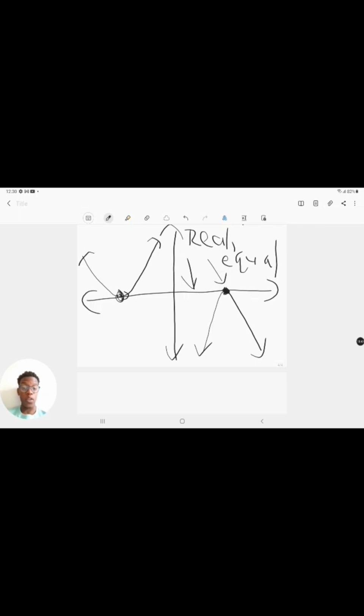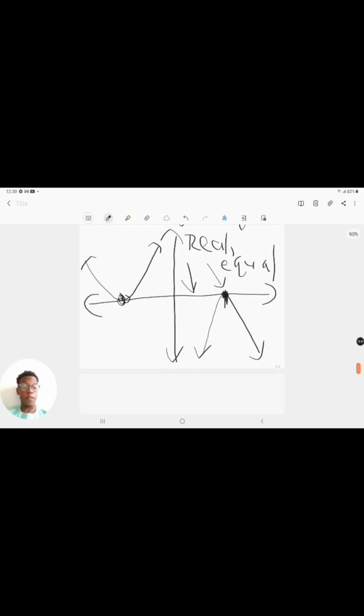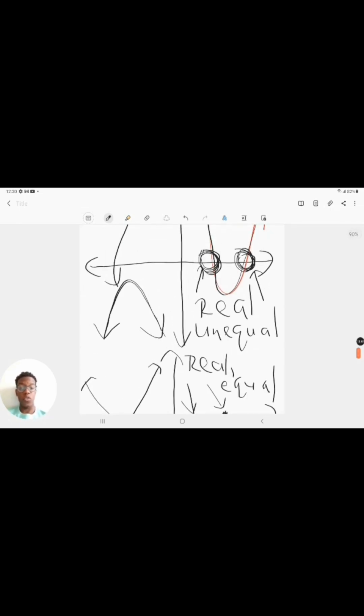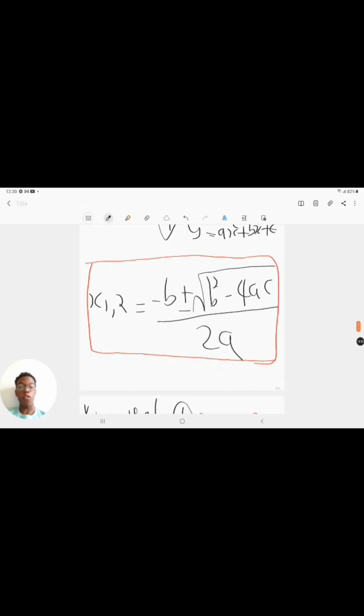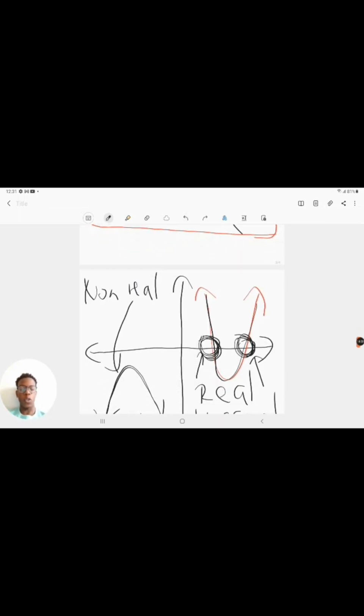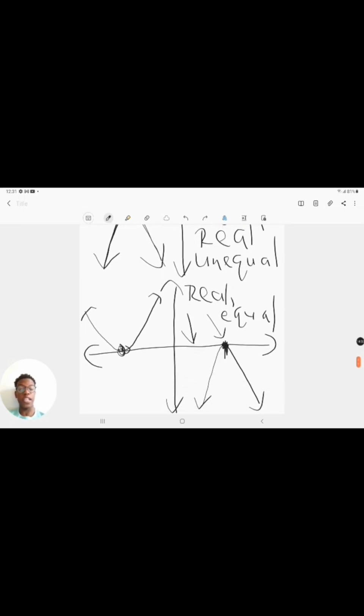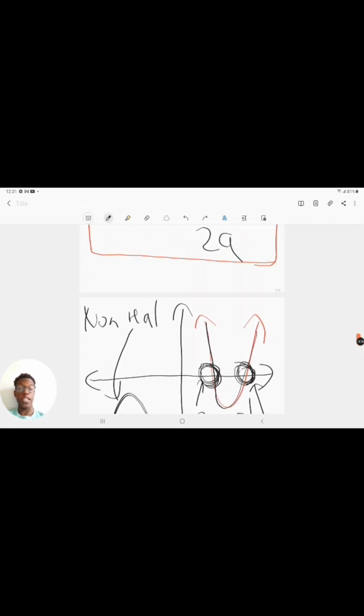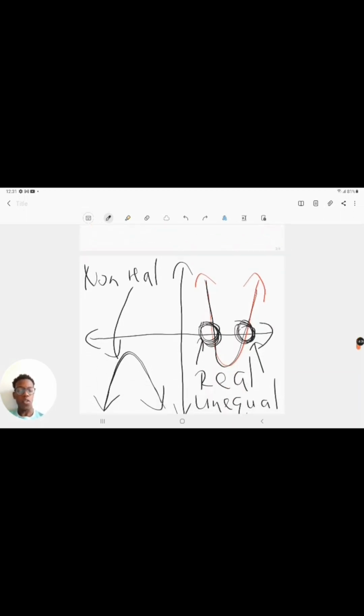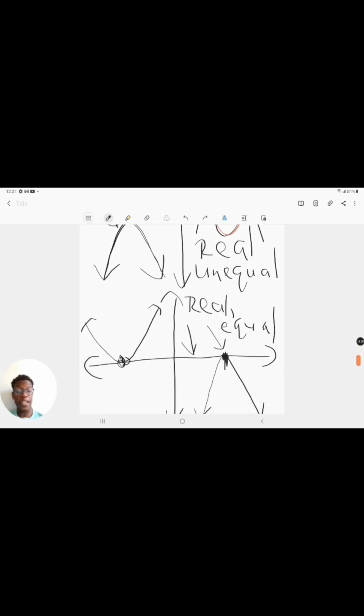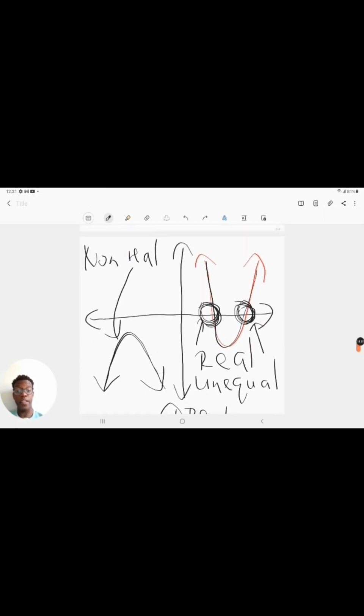And you know that in order to find these roots, you can use the quadratic formula, because you're basically just finding the x-intercepts. So that's what we're talking about when we're talking about roots: the x-intercepts of a quadratic equation. So you've got the different natures of roots, and graphically, this is what it means.